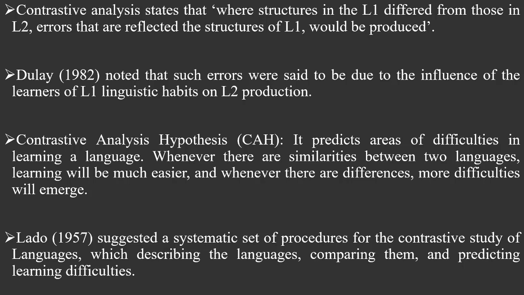So this hypothesis basically explains that when you are learning another language and you find that some structures of the languages are the same, you will easily learn the language, no problem. And when you find that the two languages have differences in their structure, it will be difficult for you to learn.